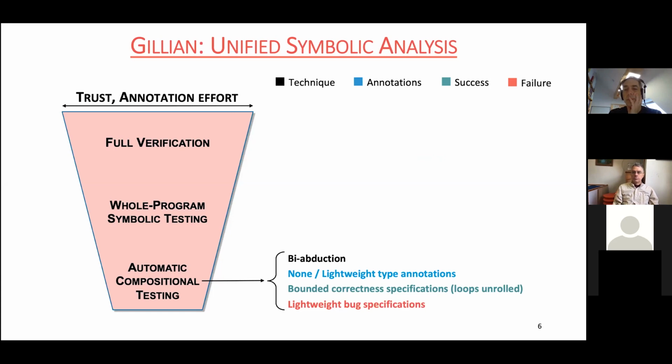Make the annotation absolutely as lightweight as possible and do everything automatically. That's fine, but of course one is doing much more lightweight analysis than if we were allowing more annotation by the developer. And there they get bounded correctness specifications or lightweight bug specifications describing why you found a bug.